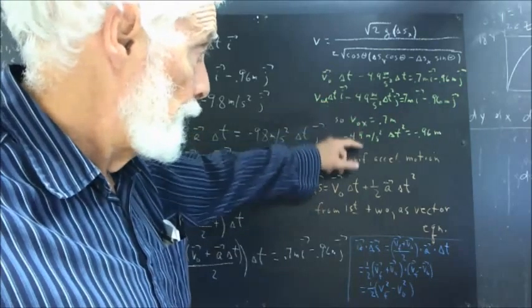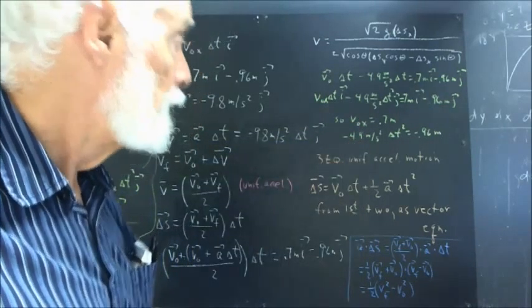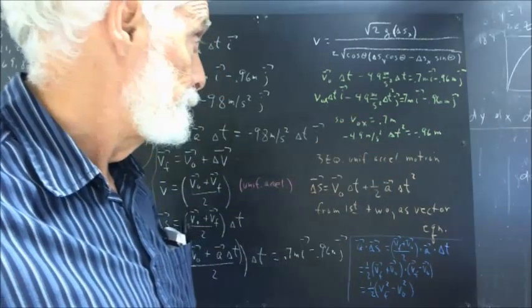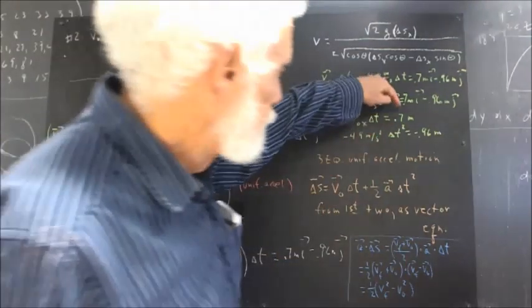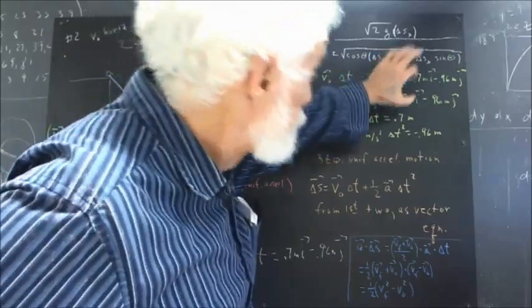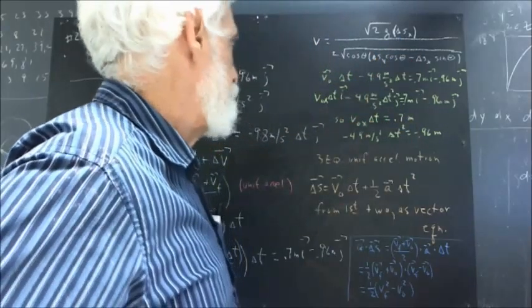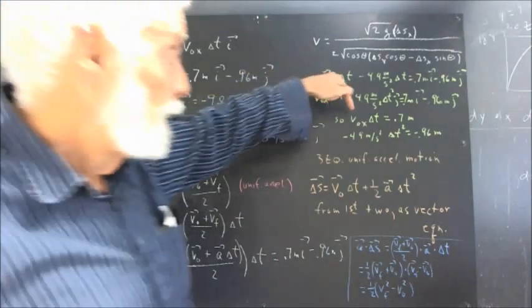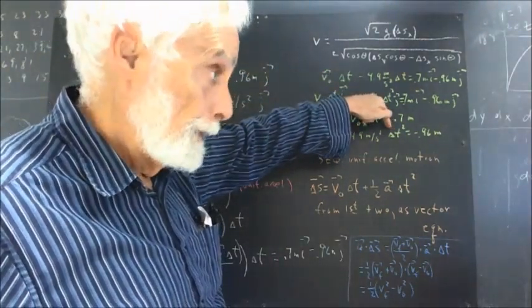And these equations are very easily solved. This one for delta T, this one for V naught x. It appears that I also left the point off of the 0.7 up here. In any case, I've fixed this. It's V naught x delta T equals 0.7 meters. So these two equations, again, easily solved for V naught x and delta T.